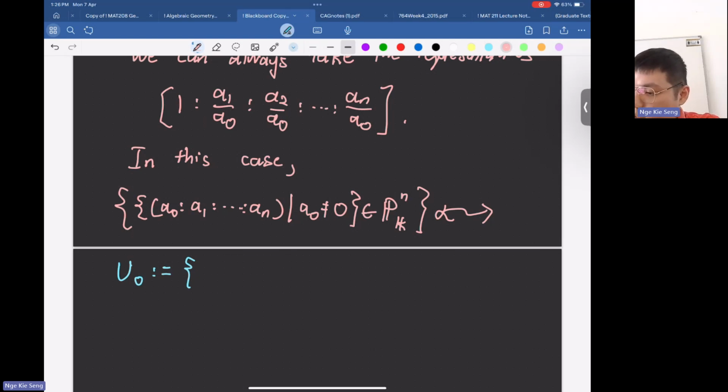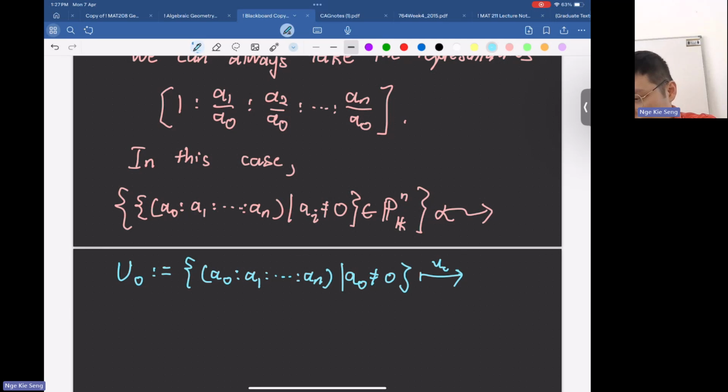If you look at a particular point in U0 that we had just now, when A0 is not 0, we can do a little map. Instead of remembering all the numbers, I just take A1 over A0, meaning I pick a representative.